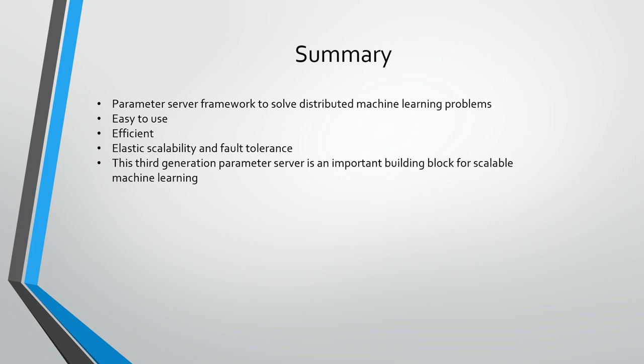Also, it provides elastic scalability and fault tolerance. Finally, we showed some experiments, like the click example, for several challenging tasks on real data sets with billions of variables, and demonstrated its efficiency.